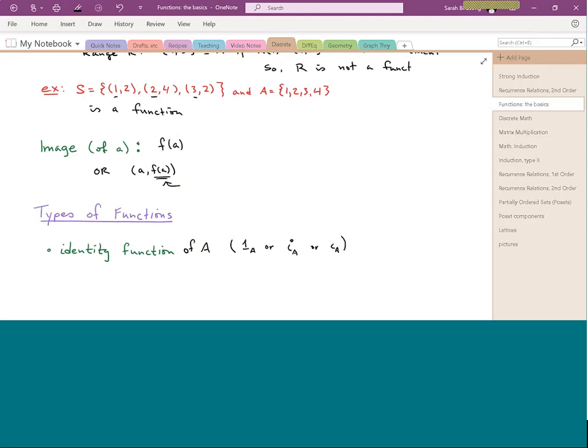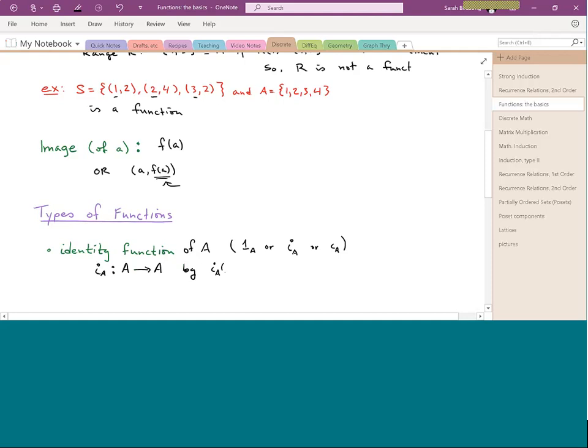Okay, so here's the actual definition, or how to define it. I'll go ahead and do i for identity right here in the middle. So you've got your identity function, and it actually goes from building set A to building set A, and it is defined in the following way.